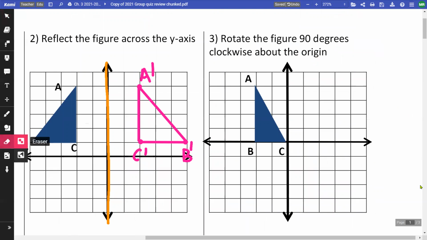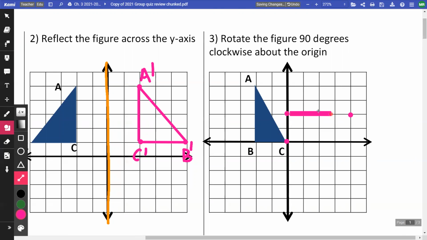So that point had stayed, so C is going to stay here. And then I went up 2 for my B and out 1, 2, 3, 4 for my A. I'm going to connect it. Oops, that's a little fat.